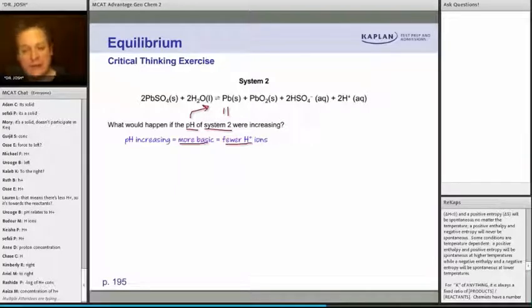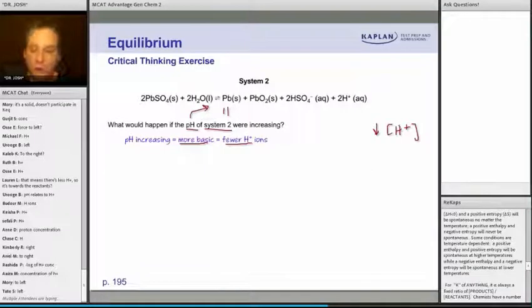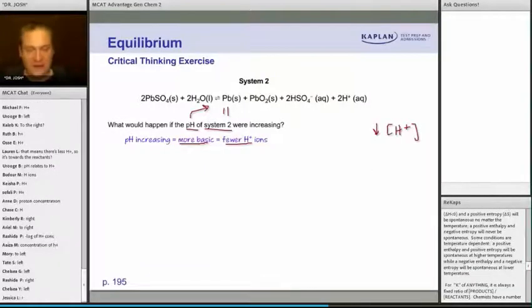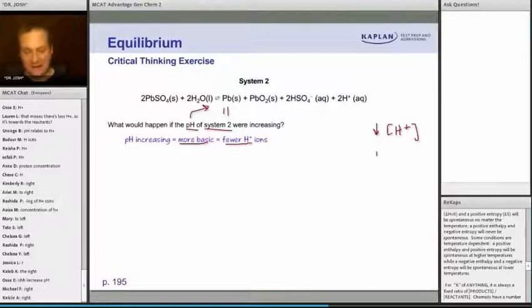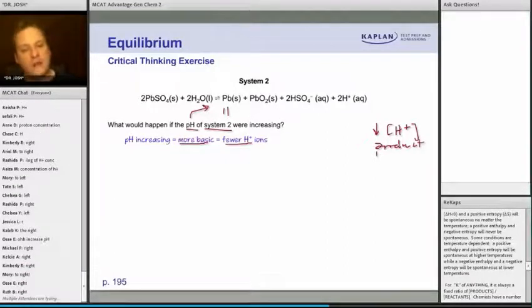So pH increasing means it's more basic, which means there are fewer protons. And if we decrease the concentration of protons, now we can make a guess. Which way should this one shift if we make it more basic, if we lower the number of protons, if we remove the product?